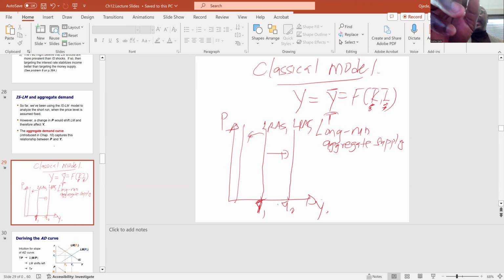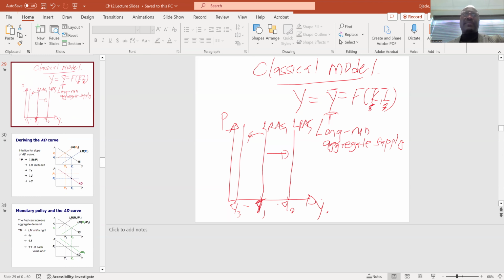It can affect how much we produce, like the tsunami that happened in Japan many years ago, that destroyed capital and killed several Japanese people. Or it could be a pandemic like COVID-19, that killed so many Americans and reduced the size of labor. That could have a negative impact on the long run aggregate supply curve.